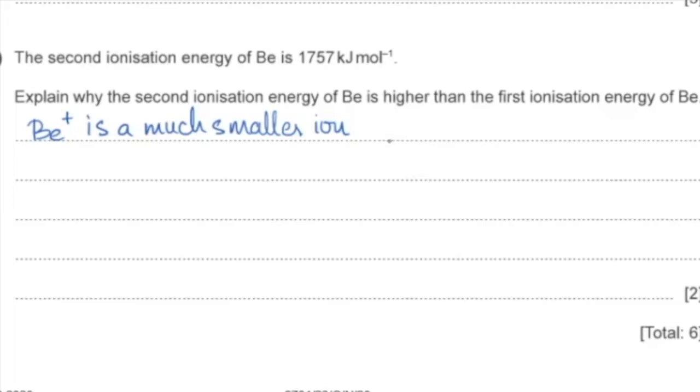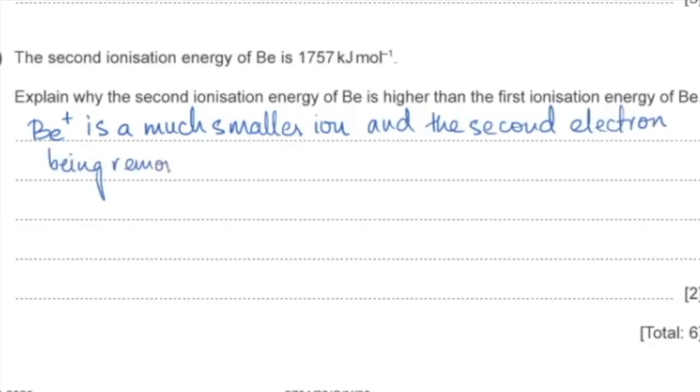So Be plus is a much smaller ion, and the second electron being removed has greater nuclear attraction.